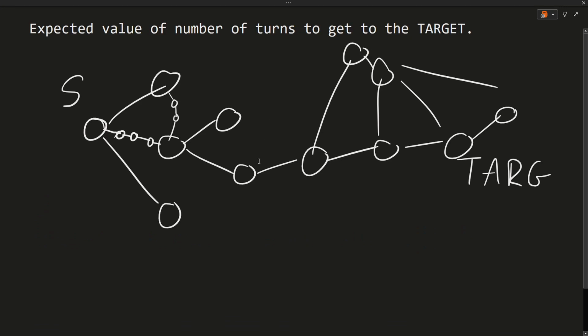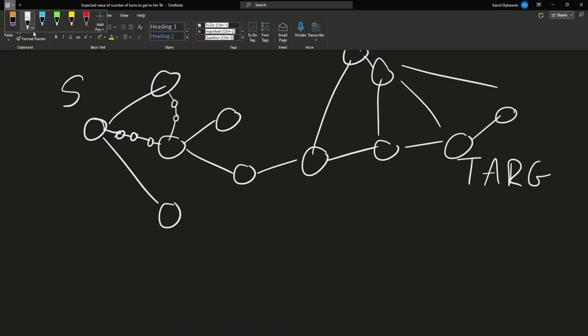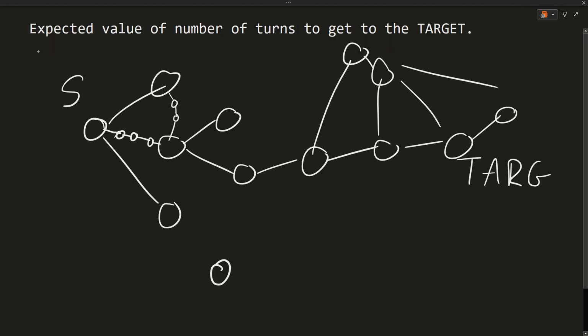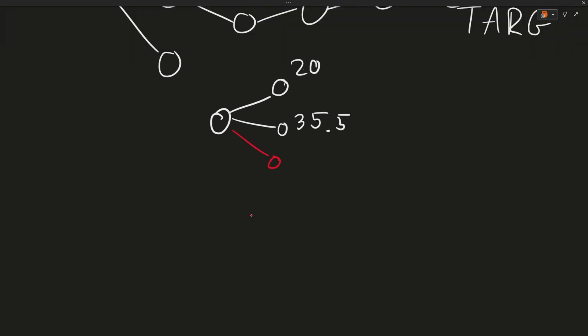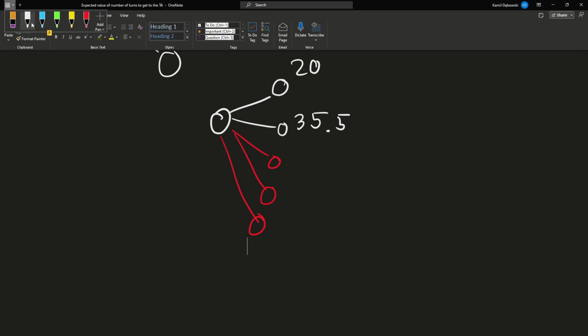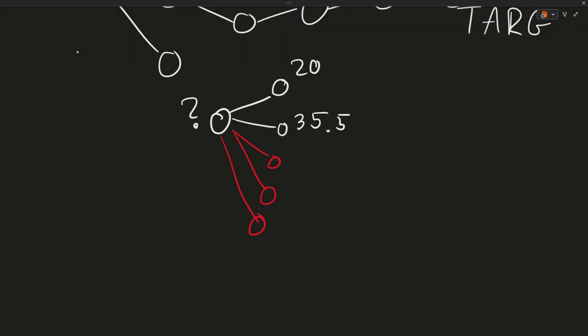We already talked about that yesterday in the version without cycles, that if you are somewhere and there are two edges that you would accept with some scores here already computed, let's say 20 and 35.5, and there are, let's say, 3 more edges that you wouldn't accept. If you're presented with those edges, you would wait because you want to wait for those. Then what's a way to compute the answer here?